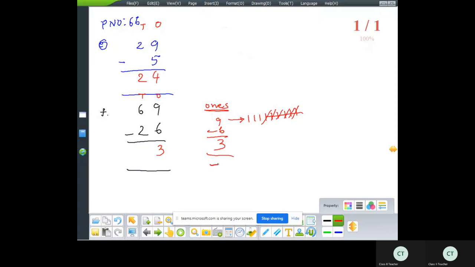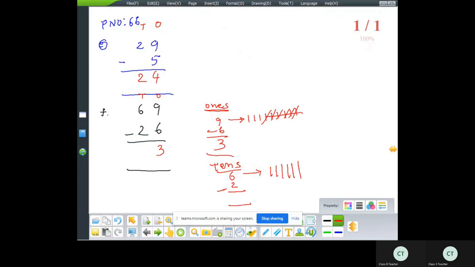Now subtracting on 10. The digits from the 10 place, 6 and 2. Means 6 minus 2. Here 2 is smaller than 6. Then 2 is subtracting from 6. We take 2 from 6. 1, 2, 3, 4, 5, 6.